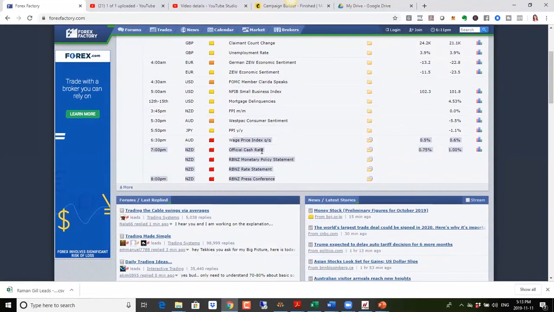So keep an eye on it. Some of this will be already priced in, so we could see a bigger impact if the Reserve Bank of New Zealand actually says something that's positive for New Zealand dollar. We could see a big spike up. But otherwise, if they do cut the rates and their commentary is negative, we're likely to see a drop in New Zealand dollar. So that's it for our news coming up.